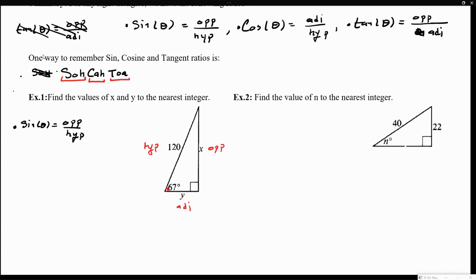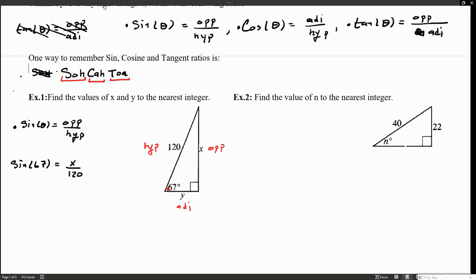Let's see what happens if we find the sine of 67. The sine of 67 is equivalent to the opposite, which in this case is x, divided by the hypotenuse, which is 120. We can use this equation to solve for the value of x.